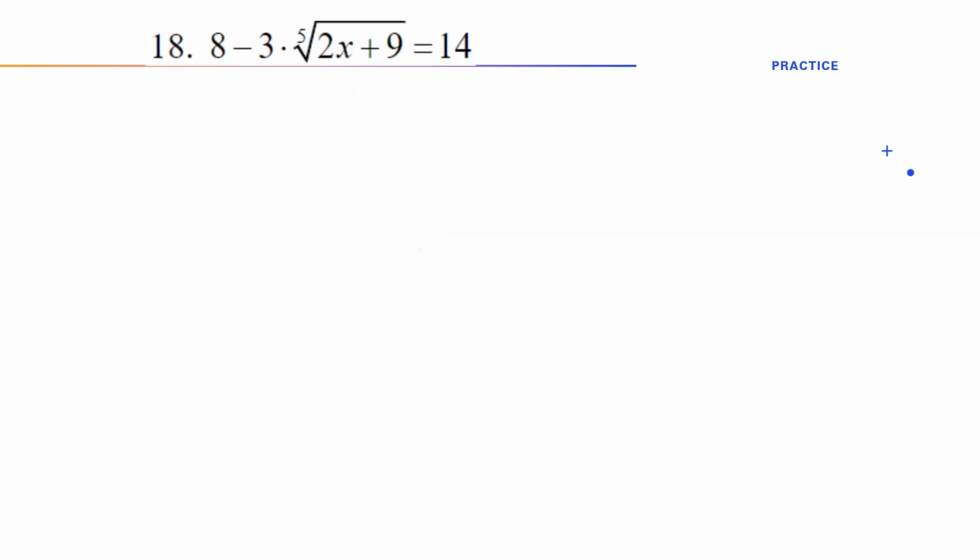Similar to the last questions, we will try to isolate the root and use the same exponent as the root so we can get rid of that root. So we will subtract from both sides.